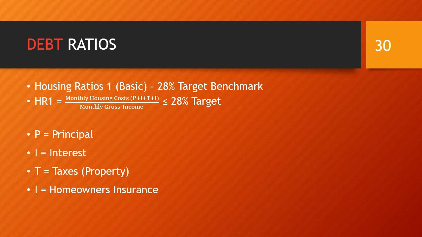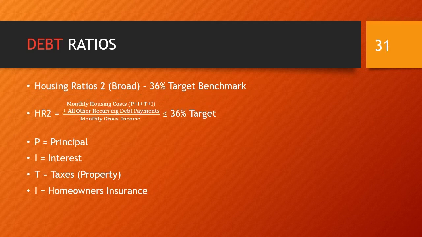Okay, moving on to the next ratio, the 36% ratio. What is this? This is almost the same as our 28% ratio. Look at the denominator, the part that goes on the bottom. This is saying the second housing ratio, or the 36% ratio, is equal to all the stuff on top over monthly gross income.